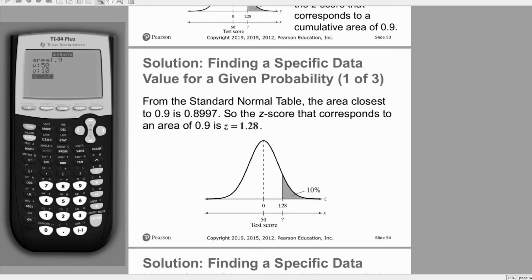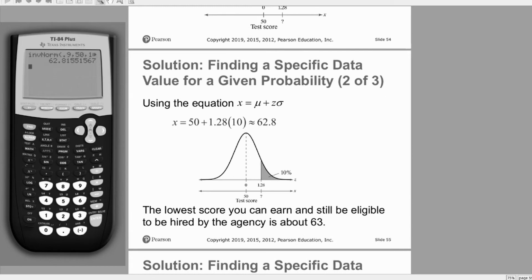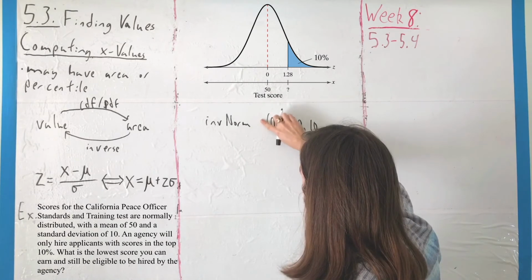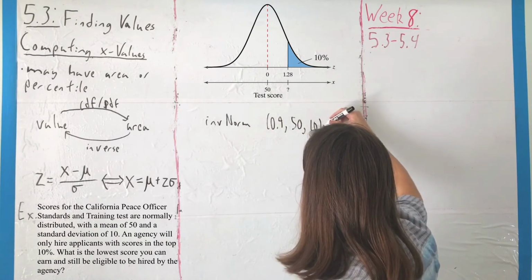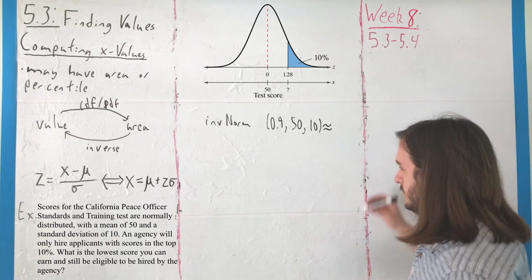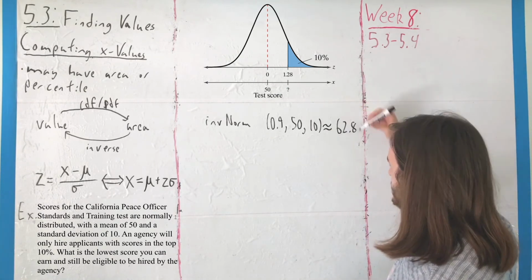We've done that already, but now in terms of the mean of 50 and the standard deviation of 10, to get an approximate value here of 62.8.